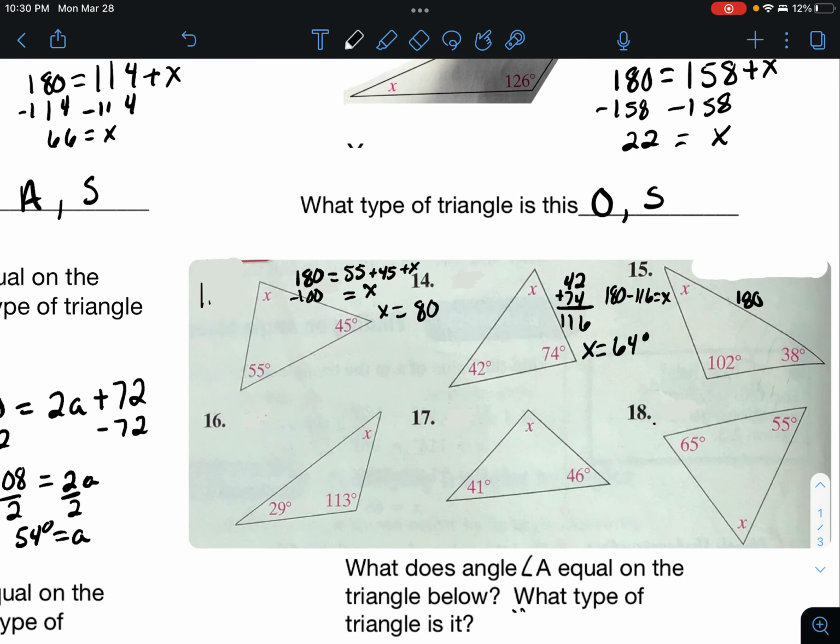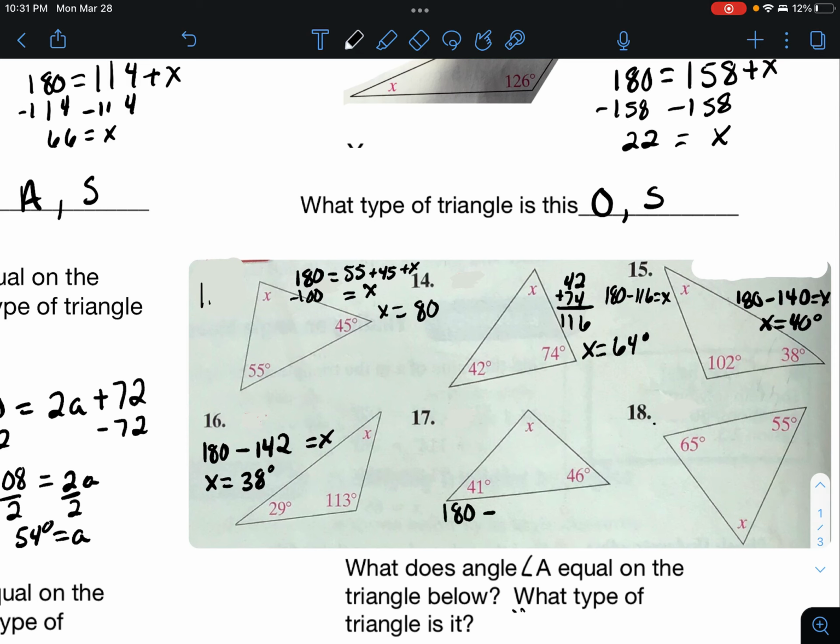So 180 minus, so 120 plus 38 is going to be 140 equals x. So that means x is going to equal 40 degrees. And likewise here, 180 minus, so 29 plus 113, that's going to be 142 equals x. So then x is going to equal 38 degrees.